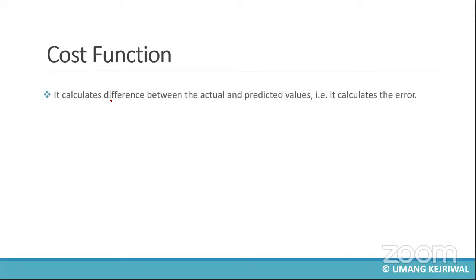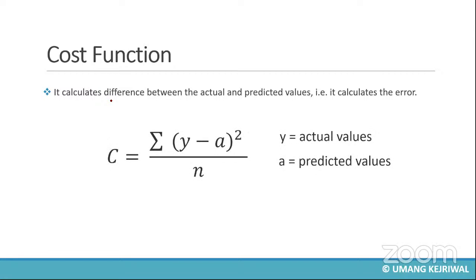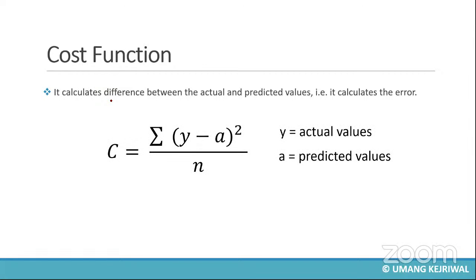Cost function, already explained, calculates the error difference between the actual and predicted values. And this is the overall formula for the cost function, summation of (y minus a) whole square divided by n. And this is actually the mean square error.